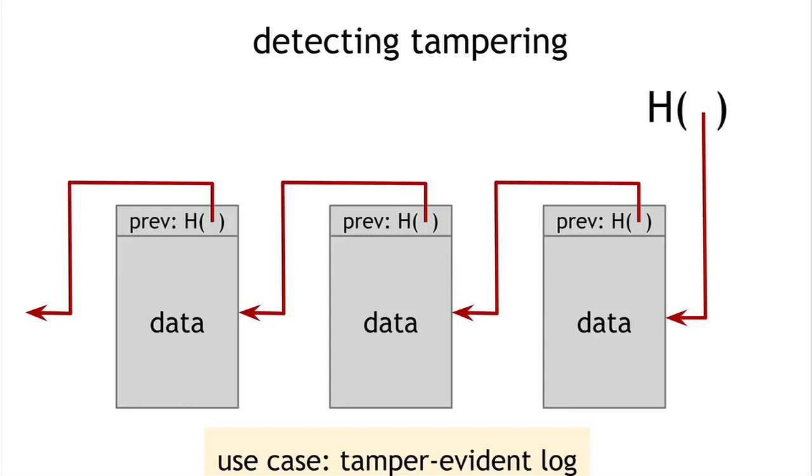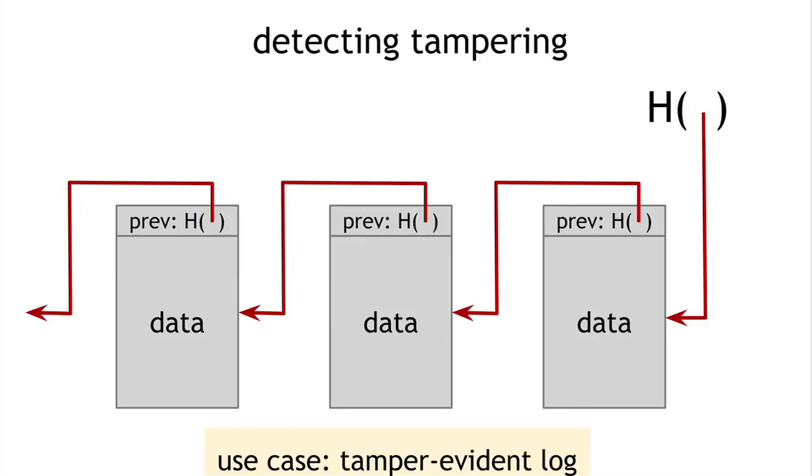And we're going to remember the head of the list like this, just as a regular hash pointer. Okay. And a use case for a blockchain like this is a tamper-evident log. That is, if we want to build a log data structure that stores a bunch of data so that we can add data onto the end of the log, but if somebody goes later and messes with data that is earlier in the log, we're going to detect it. That's what the tamper evidence means.